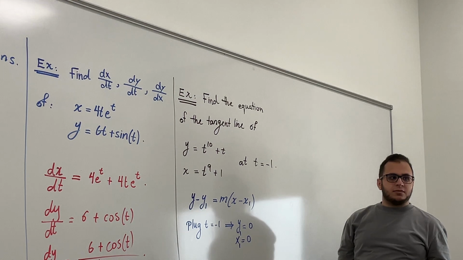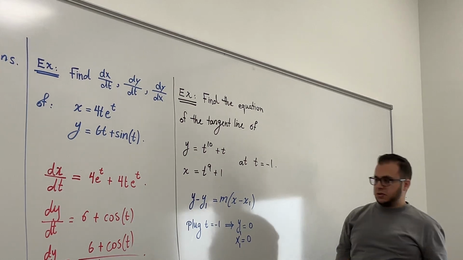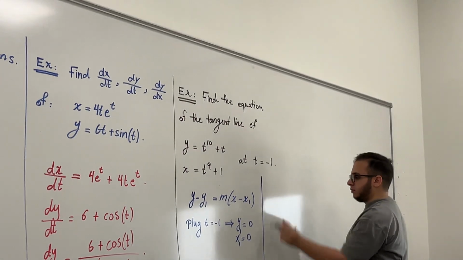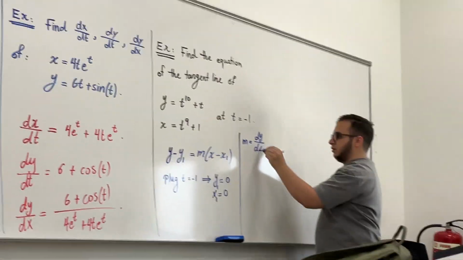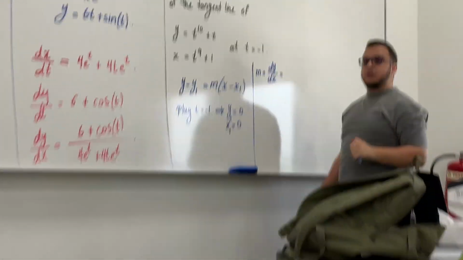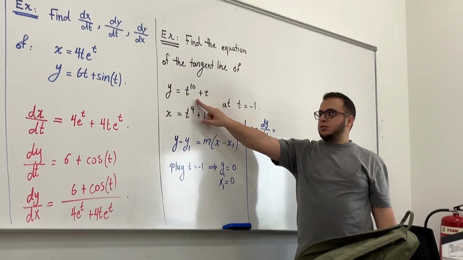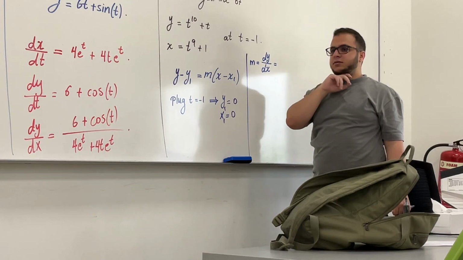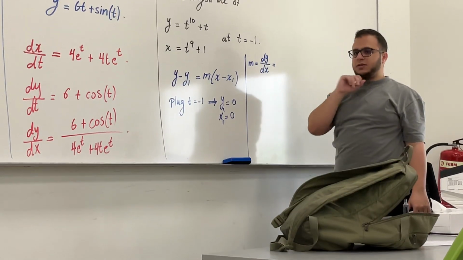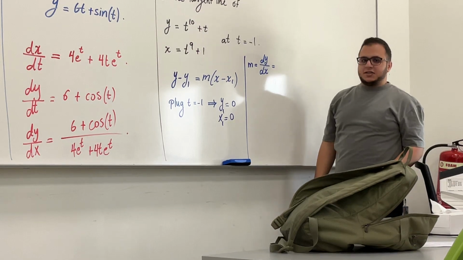What is m? Does anyone remember m from calculus 1? Slope. Slope is the derivative of the function. So m is dy/dx.